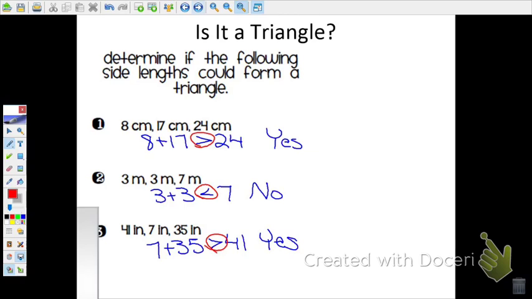Could I take this original yardstick and two pieces of 18 and make a triangle? No, because to match up my 18 and 18, they're going to match right up on this line. They're not going to be able to stick up to get to the 18. That's why it has to be greater than, not equal to. So any two sides added together has to be greater than the third side.